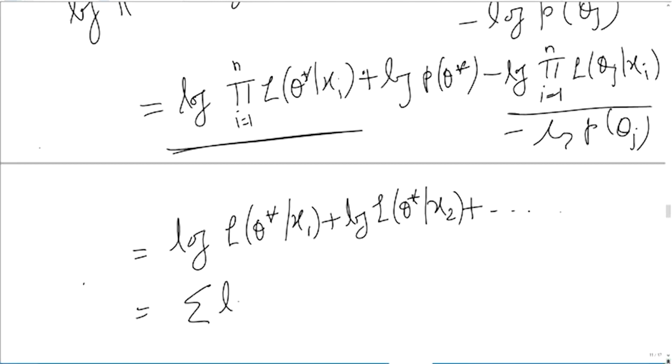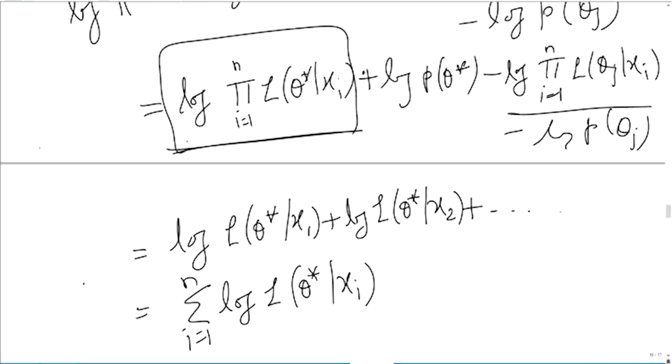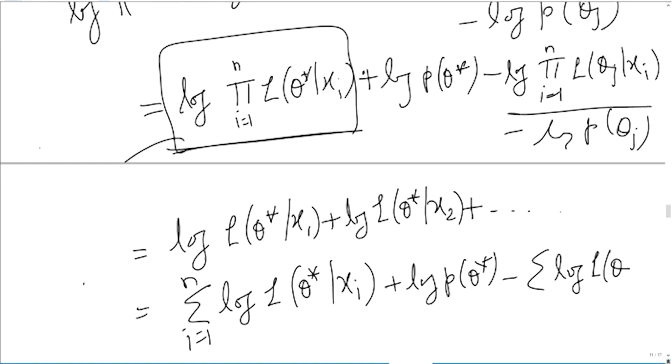The first thing would be the summation of log of likelihood of individual data points from i equals 1 to n. So log of the product of likelihoods is equal to the summation of log likelihoods of individual data points. Then you have log of prior density of theta star, then minus the summation of log likelihoods for theta j, minus log of prior density of theta j.